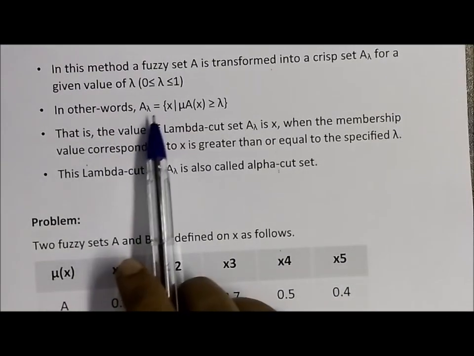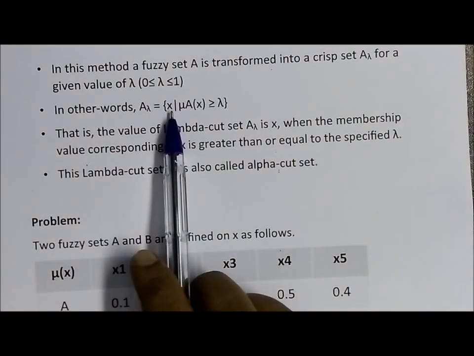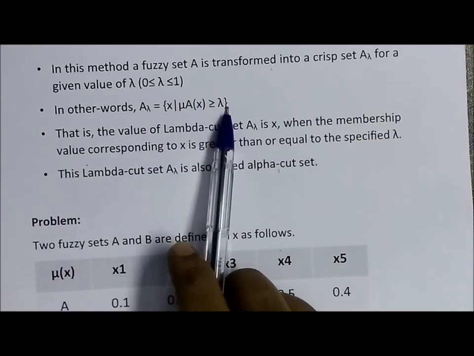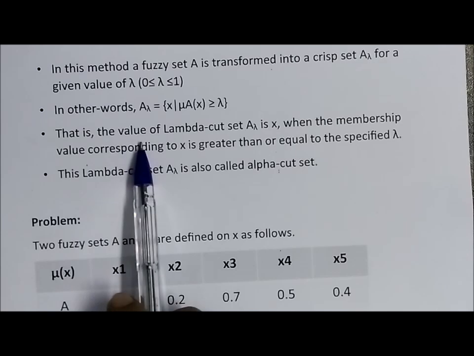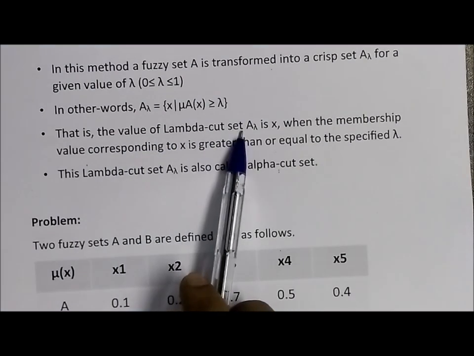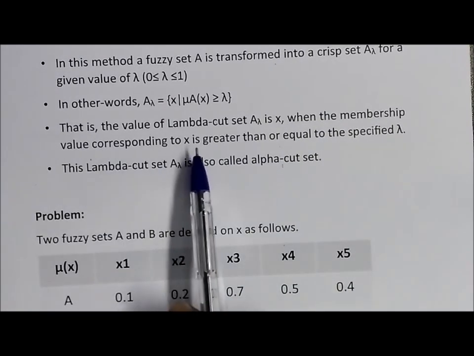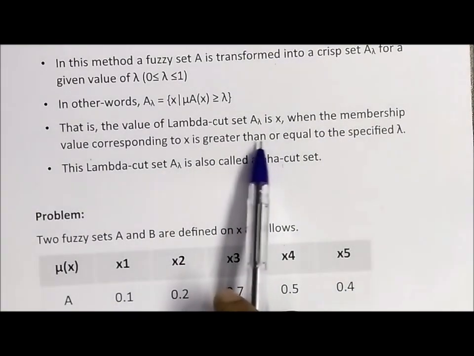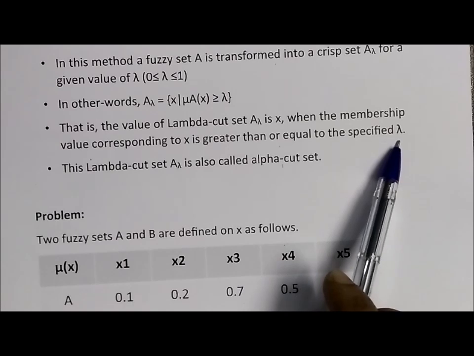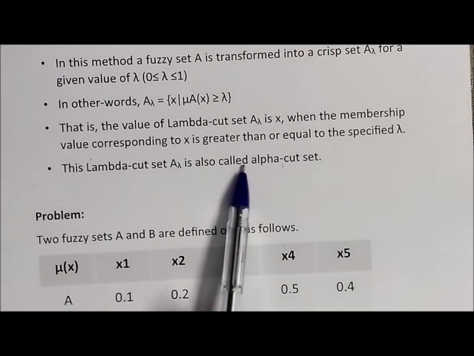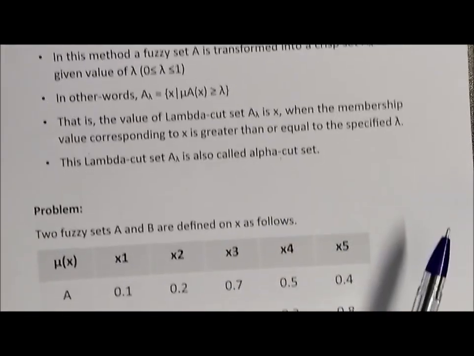In other words, A lambda is the set of x where the membership function of that x is greater than or equal to lambda. That is, x belongs to the lambda cut set A lambda when its membership value is greater than or equal to the specified lambda. This lambda cut set A lambda is also called the alpha cut set.